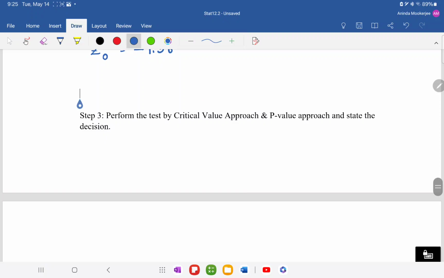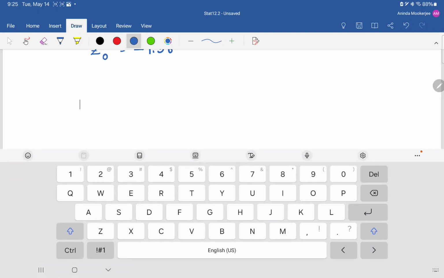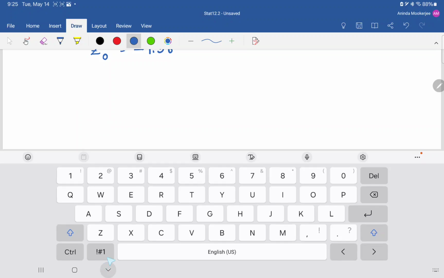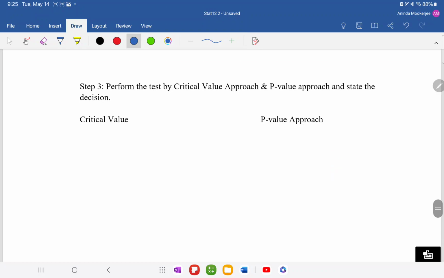So now we proceed to perform the hypothesis test using the different approaches. Let me move this to the next page so we get some more space for the critical value approach. For both of these approaches, you have to accompany your solution with a diagram.